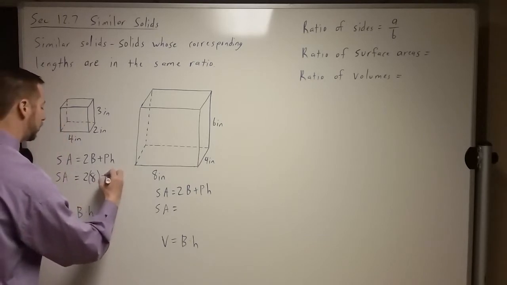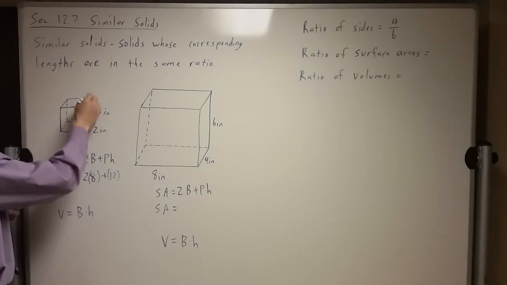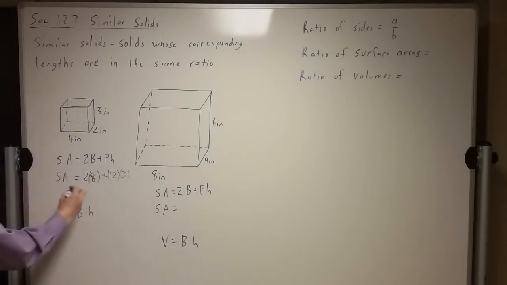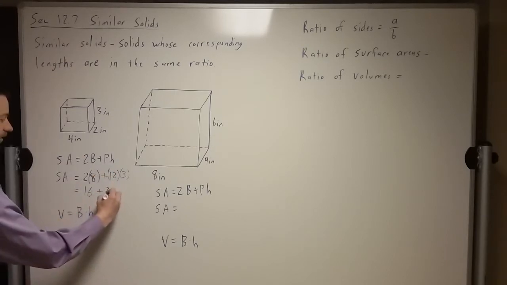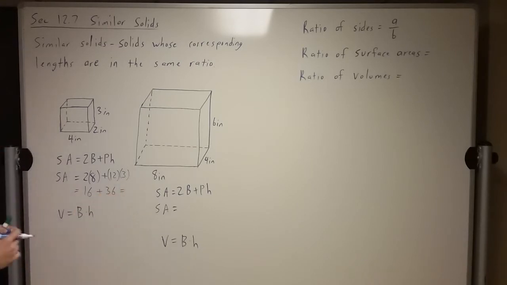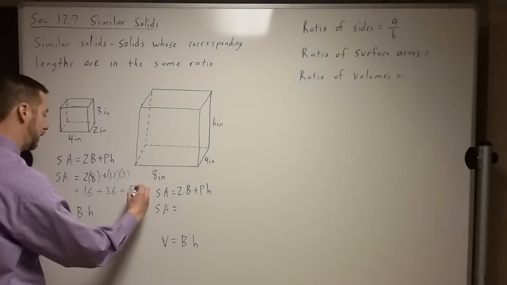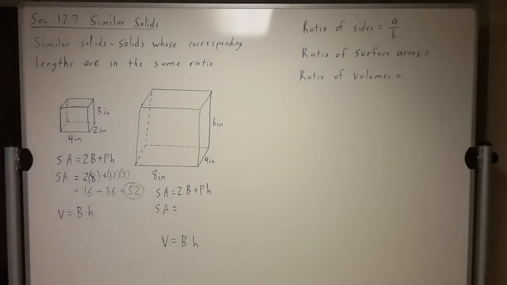We've got 12 for the perimeter of the base, and then the height would be 3. So we've got 16 for that part plus 36 for this part, and that's going to make our surface area on this one come out to 52.